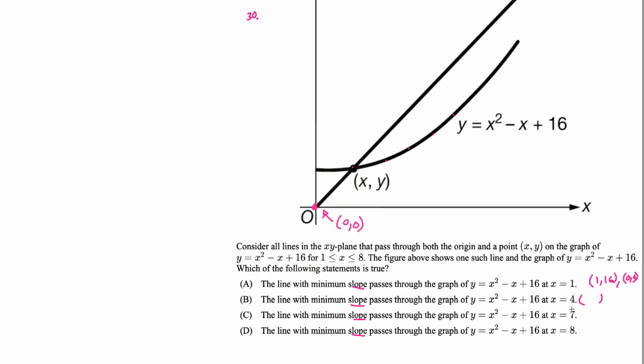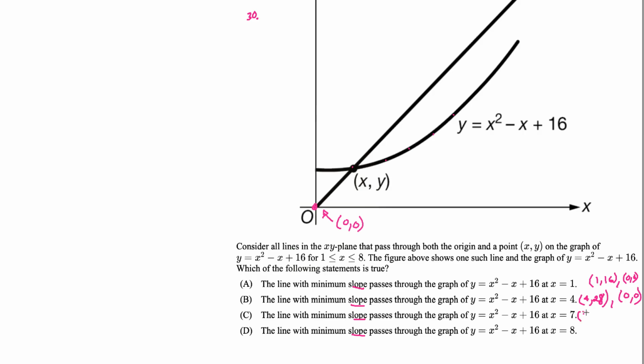What about this one? This one's going to be 4 comma, what? 4 squared is 16 minus 4 is 12, 12 plus 16 is 28. So 4 comma 28 and 0 comma 0. These are always the two points.